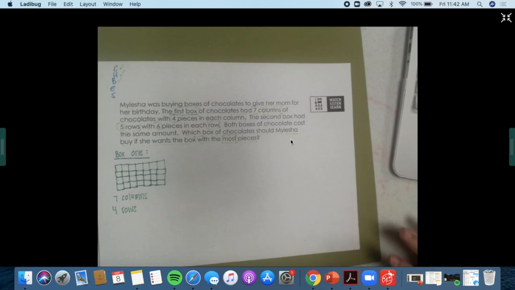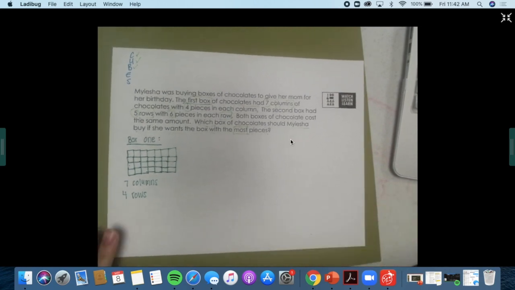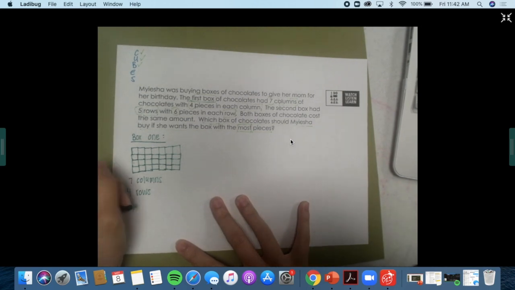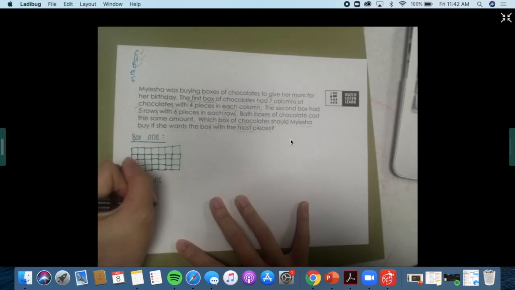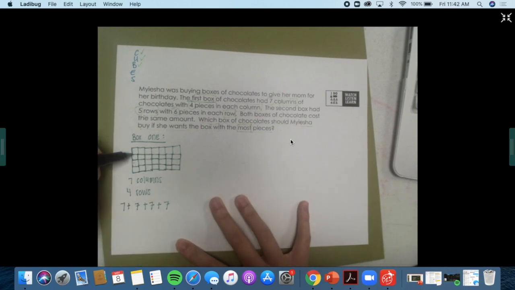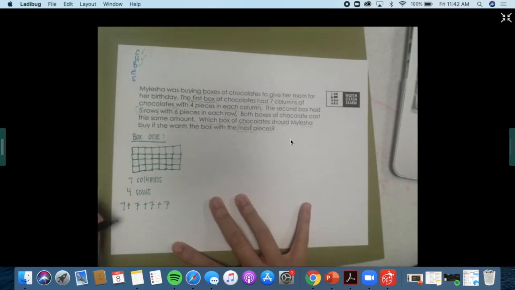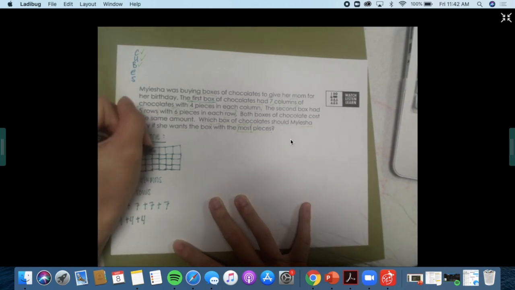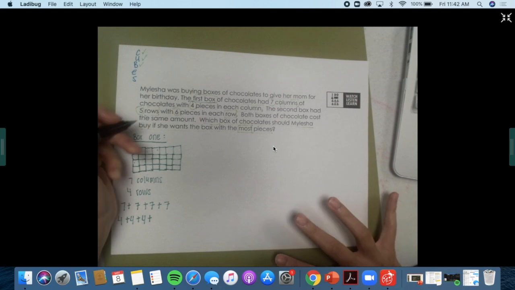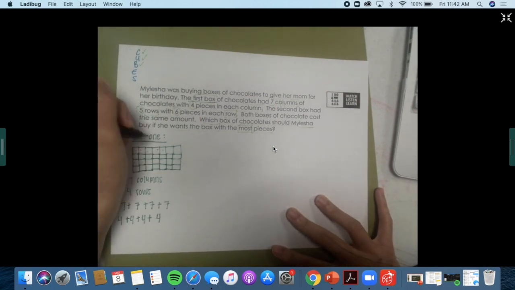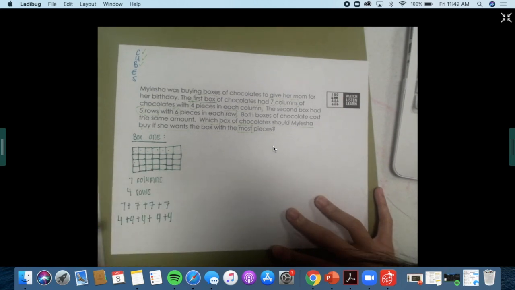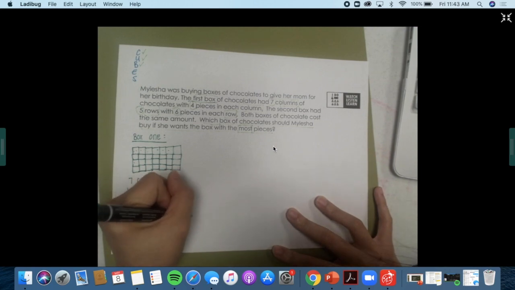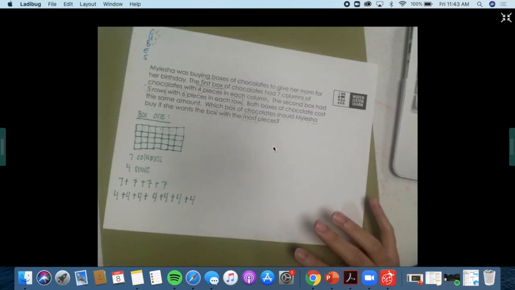And I can figure this out by adding 7 plus 7 plus 7 plus 7, or I could do 4 plus 4 plus 4 plus 4 plus 4 plus 4 plus 4. 1, 2, 3, 4, 5, 6 plus 4. So 7 fours.